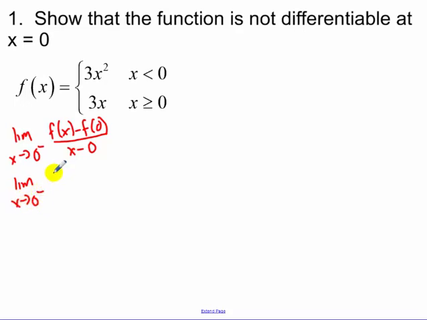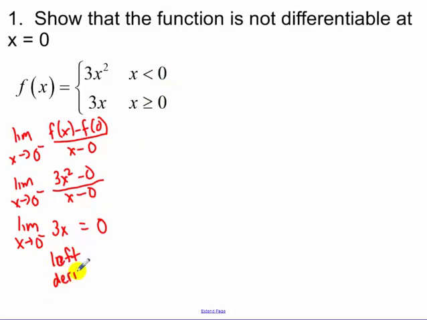So using the top function, our function is 3x squared. The function evaluated at 0 is 0. Simplifying inside that limit, we're just going to have 3x on the top. So that limit is going to be 0. So our function from the left, the left derivative at x equals 0, is 0.